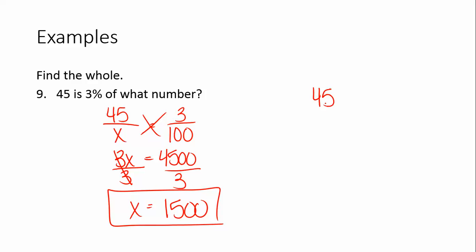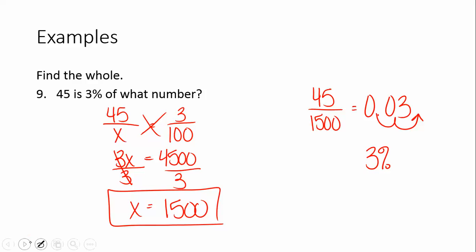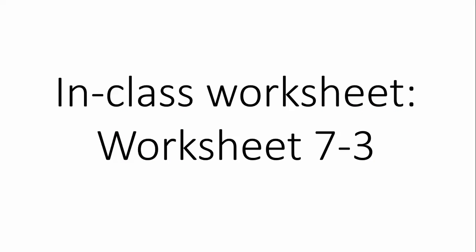So if we did 45 over 1,500, just to check our answer, you get 0.03. And then if you move the decimal place 2 to the right, that is 3%. So you can check your answer on these, which is kind of nice. In class, we'll work on worksheet 7.3.